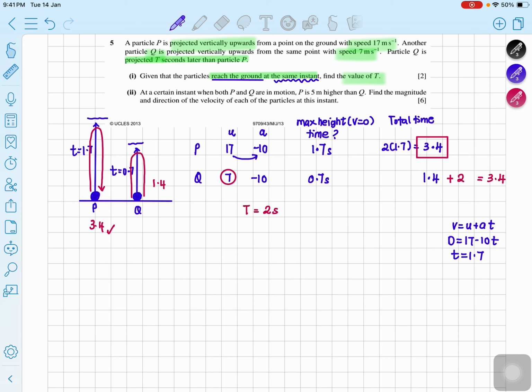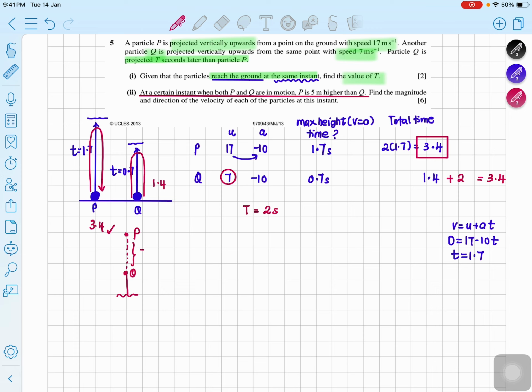The second part of the question wants us to do what? Now, at a certain instant when both P and Q are in motion, P is 5 meters higher than Q. So if this is the height of Q from the ground, P is somewhere up here, and P is 5 meters higher.